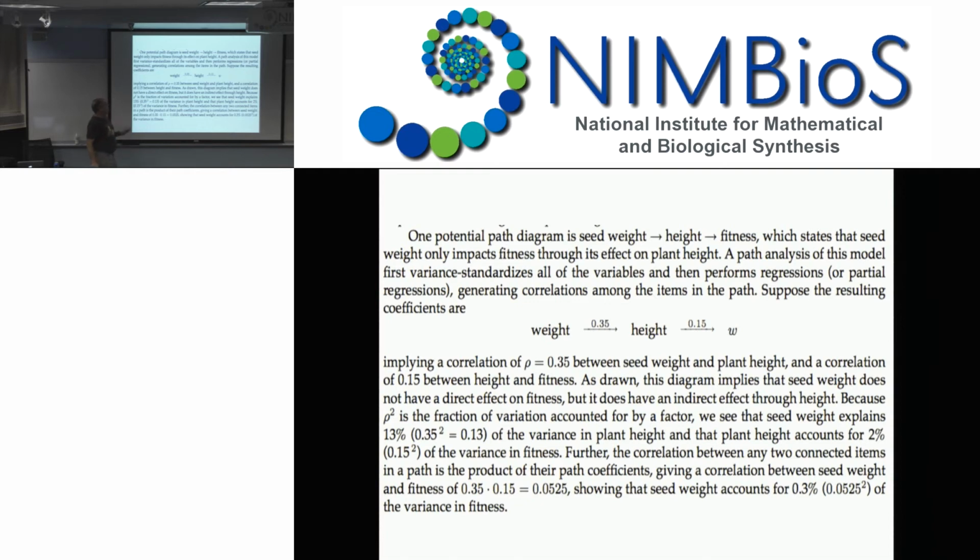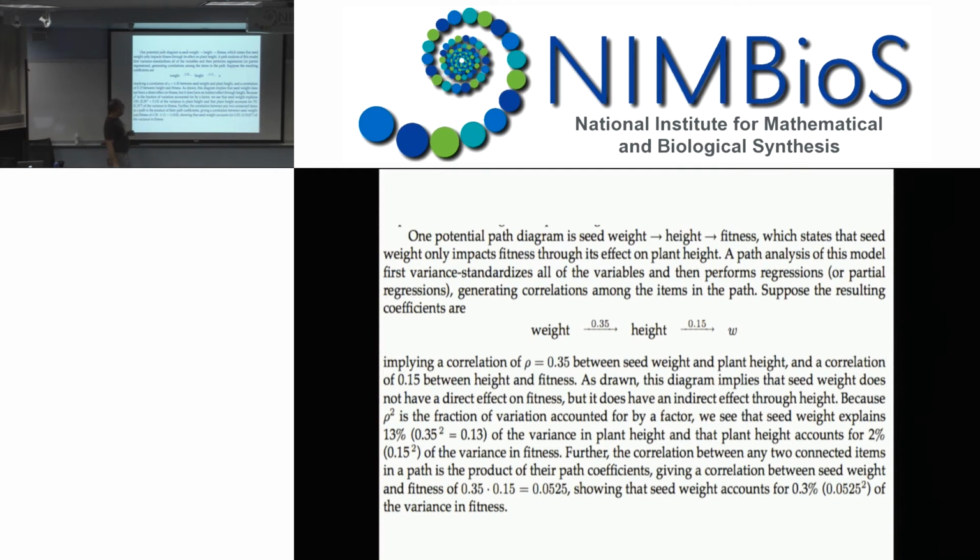If I didn't know height, what I would observe is a correlation between weight and fitness that is that times that, because you can multiply correlation coefficients to get the correlation between weight and fitness. So in this case, I'd get about 5%.